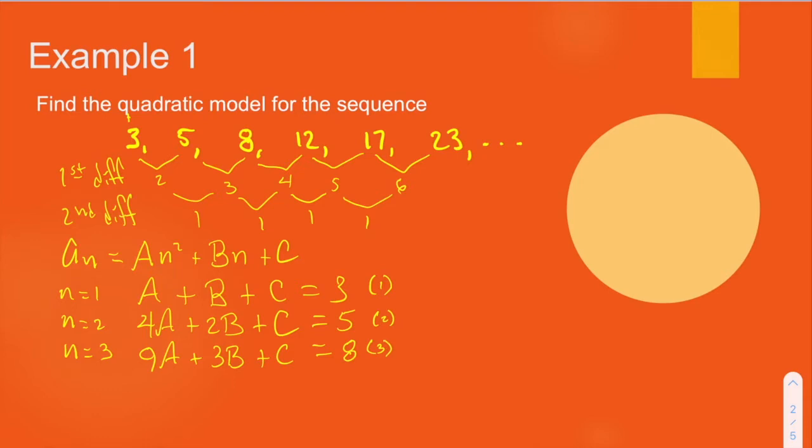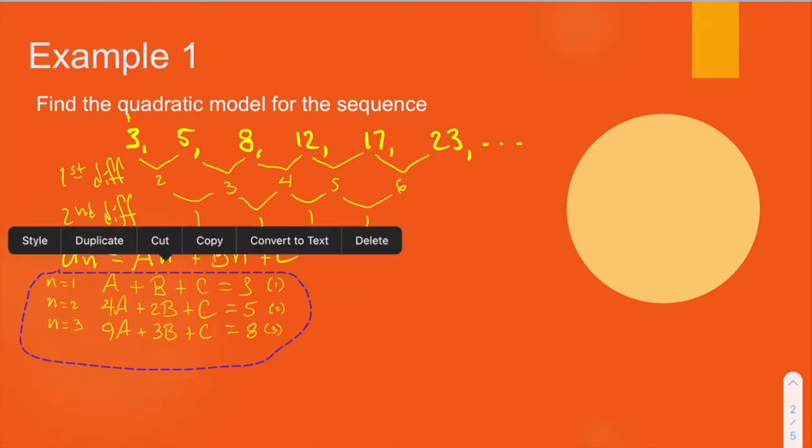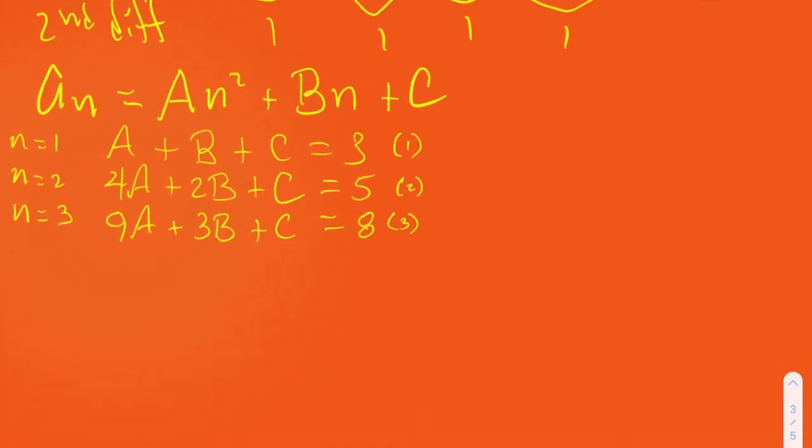And I like to label those things because it gives me something to follow as I'm actually doing the subtractions in order to find the results of the three equations and three unknowns. So you see, I'm going to do this. Let's do equation 2 and subtract equation 1. And when I do that, I get 4A plus 2B plus C is equal to 5.